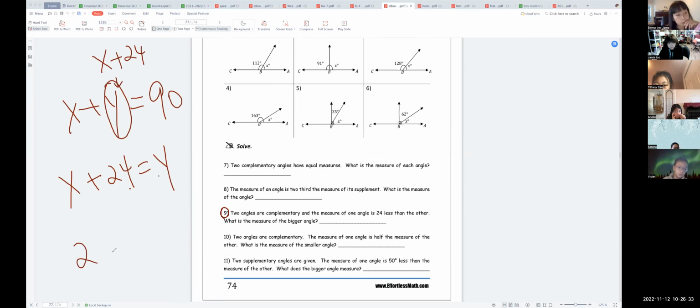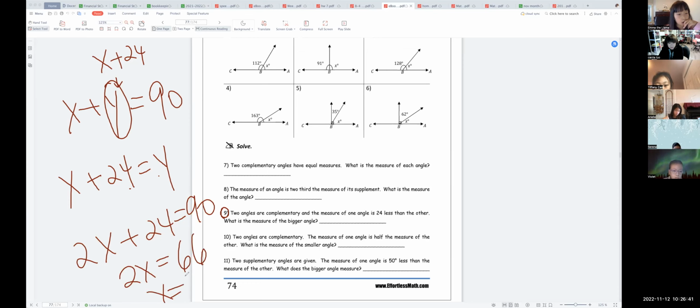So now it's 2x plus 24 equals 90. So 2x equals what? Equals 66. So x equals 33. And what is the measurement of the bigger one? 57. Because 90 minus 33 equals 57 degrees. Get it, everybody? Okay, so number 10.